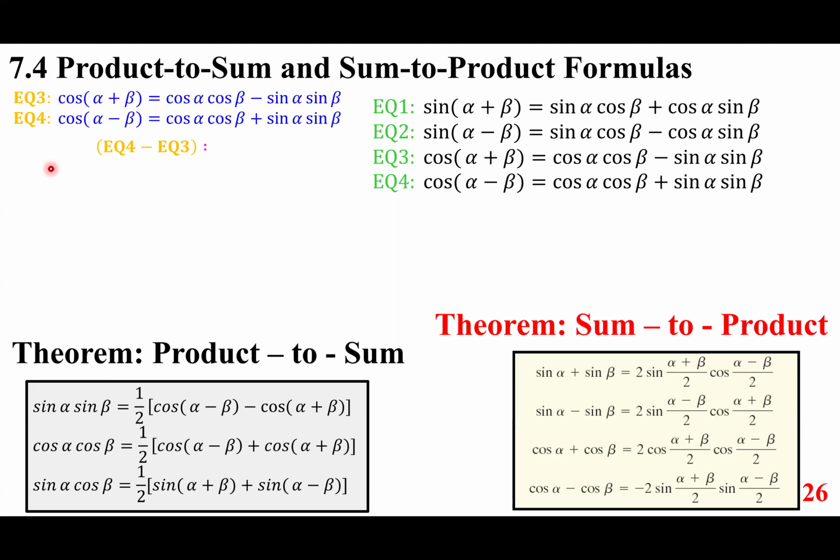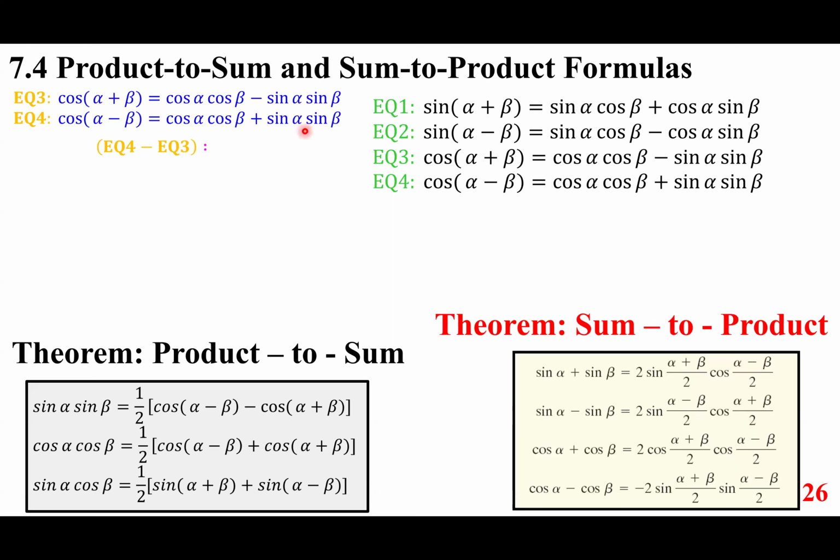Equation 4 minus equation 3. If we subtract the top from the bottom one, please understand it becomes cosine of alpha minus beta minus cosine of alpha plus beta. Then this one cancels this one, okay?